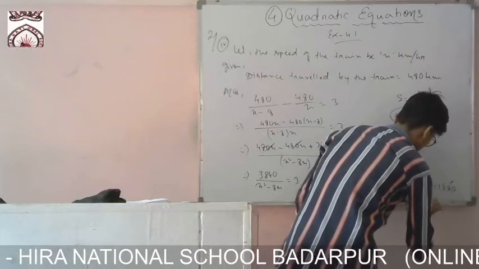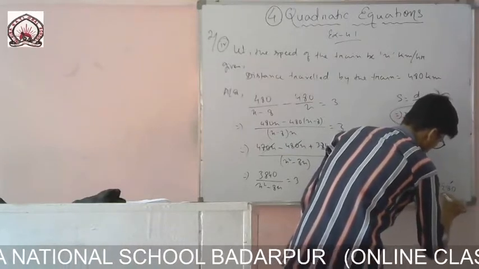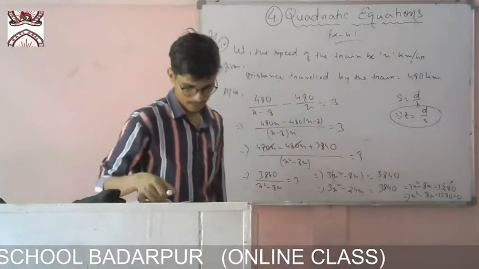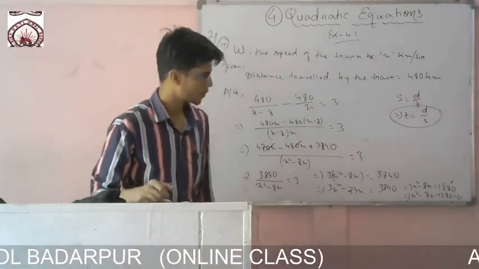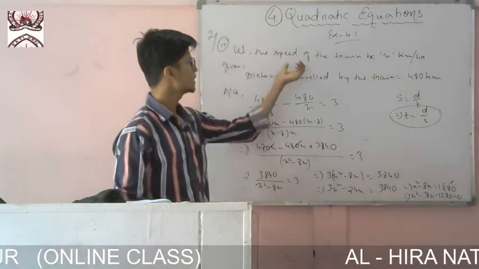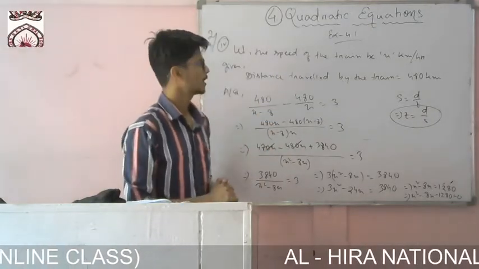So if I write it in standard form, x square minus 8x minus 1280 equals 0, which is the required quadratic equation.